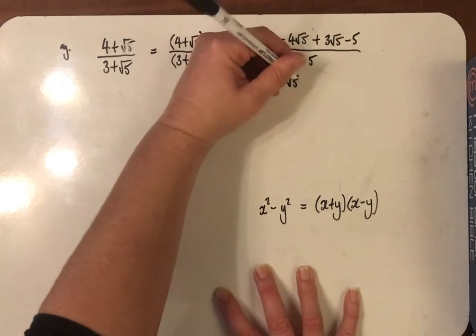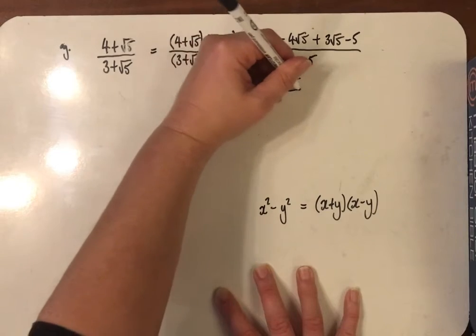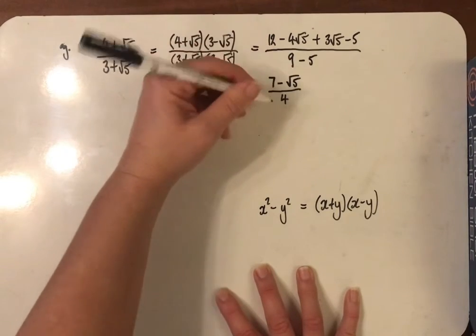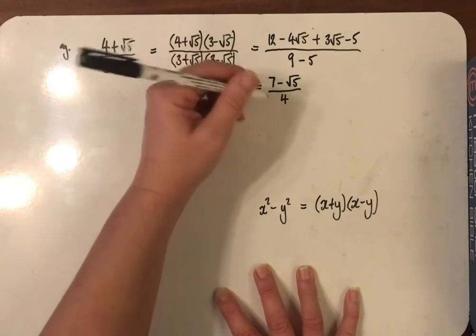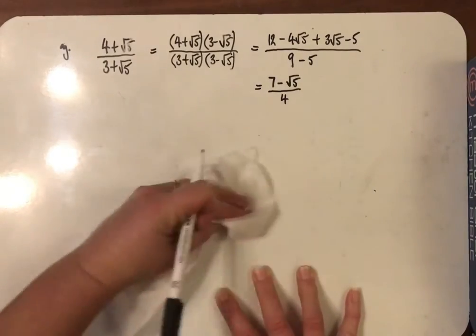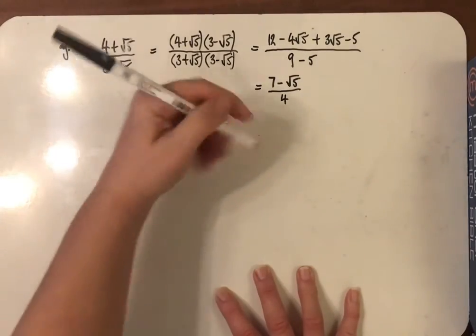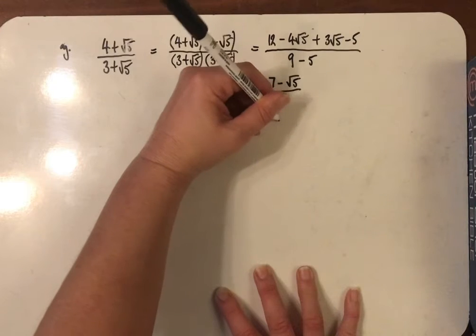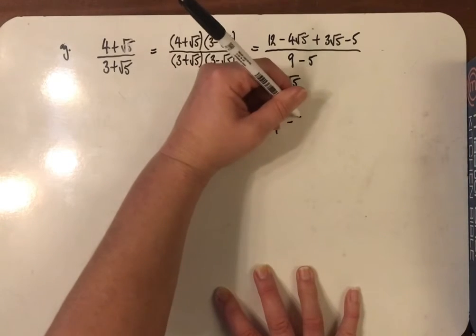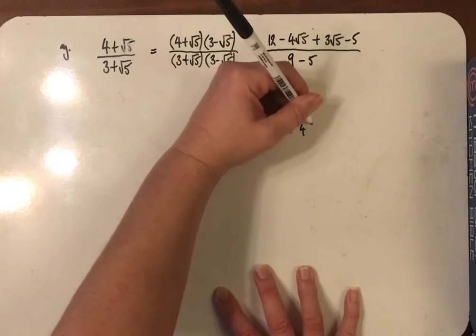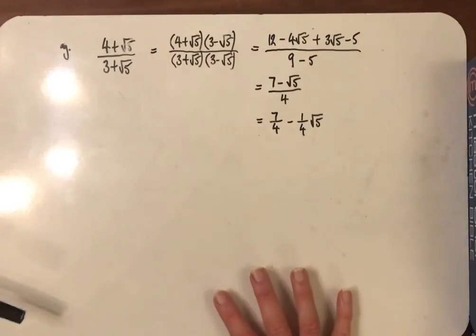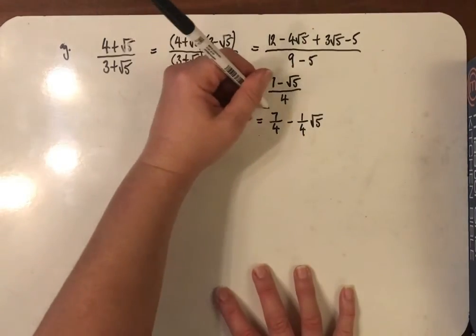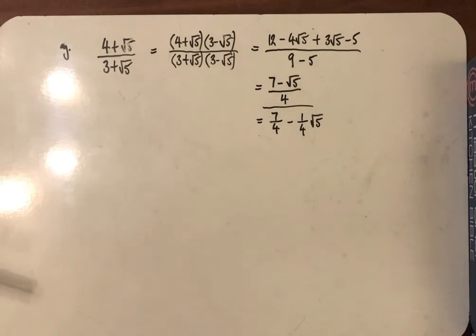So minus root 5 over 4. So you could leave it like that. I would normally leave them like that, but you could also divide that through by 4 and write that as 7 over 4 minus a quarter root 5 if you wanted to, but this generally is fine.